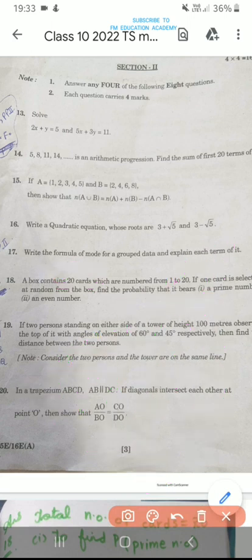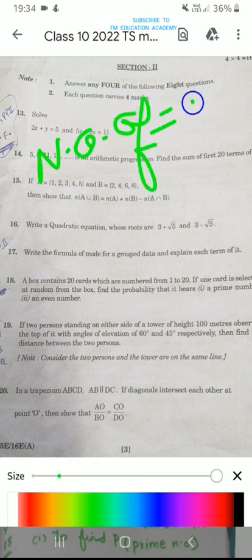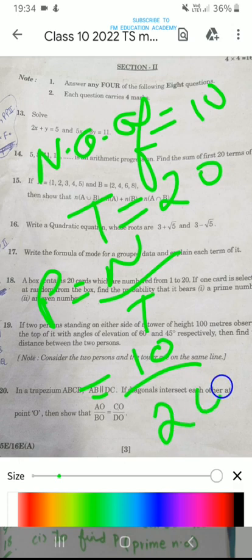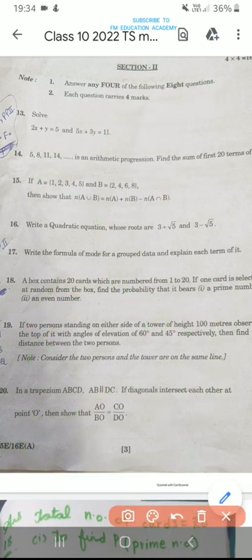So 10 even numbers we have. So the probability that it is an even number means the number of favourable outcomes is 10, and total outcomes we have are 20. What is the formula of probability? Number of favourable outcomes over total outcomes, that is nothing but 10 by 20 for second bit. The 0 and 0 will get cancelled. So we have the answer as 1 by 2. So the answer for second bit, the probability of an even number, is 1 by 2.